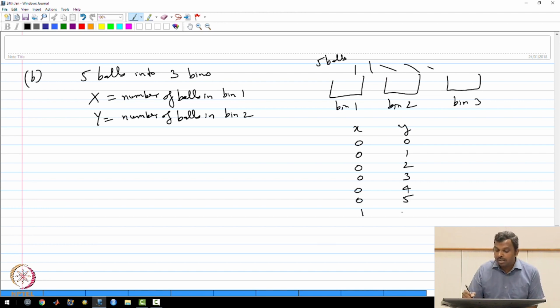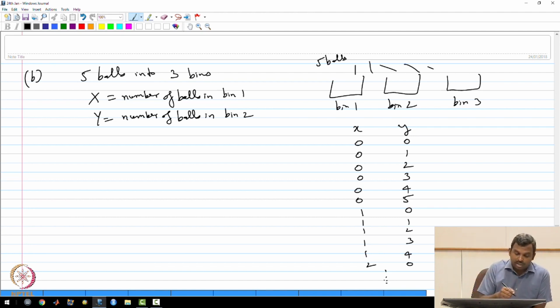Now if x is 1, y could be 0. 1 is possible. 1, 2 is possible, 1, 3 is possible, 1, 4 is possible, 1, 5 of course is not possible. So x is 2, 0, so on. So a number of possibilities is a bit too much. You could enumerate. I'm not saying it's impossible, but the number of cases just starts blowing up a little bit too much. So you'll have to use some more clever ideas. You'll see how to go about it.